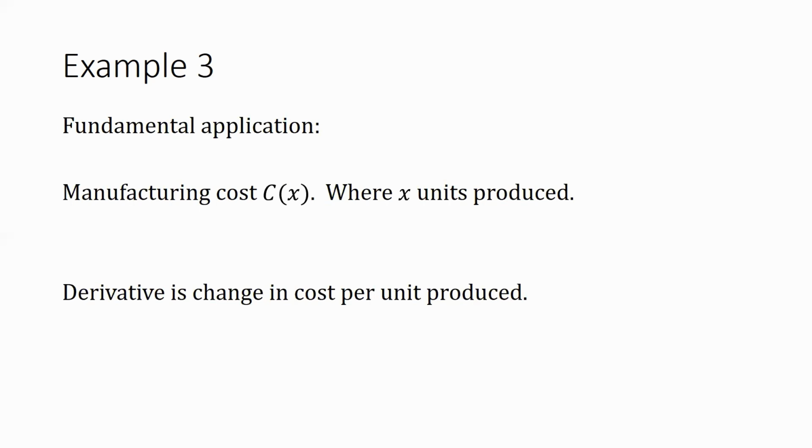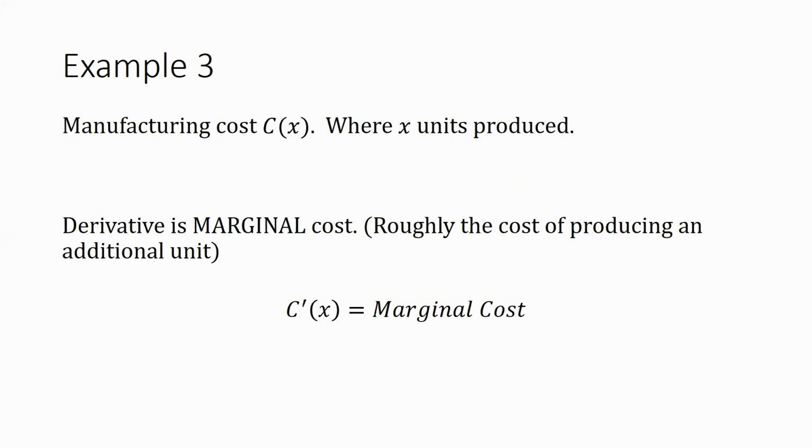So what is the total change in cost per unit produced? Well, if manufacturing cost is our function, the derivative is something called the marginal cost. And roughly, that's the cost of producing one additional unit. So C prime of x is called the marginal cost function. The derivative of the cost is a marginal cost.